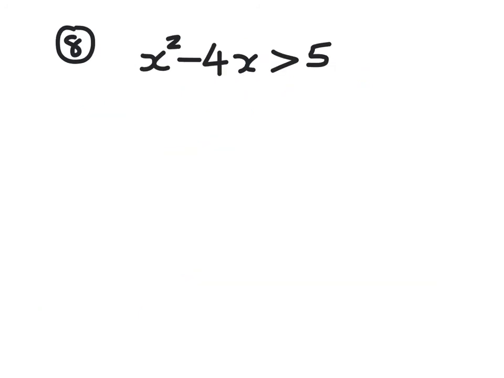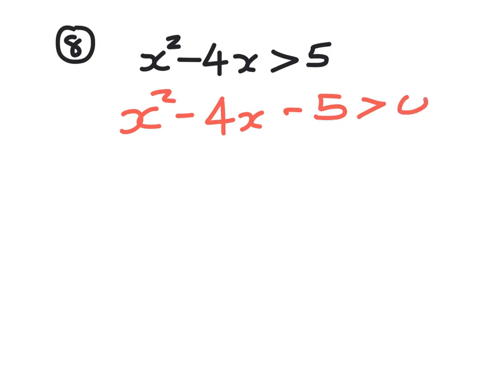And lastly, number 8, solve the quadratic inequation. Again, first thing you need to do is get that 5 over. Right, we always want to try and get 0 on that side. How do we solve that? Best way to solve that is to draw a wee diagram. Okay.